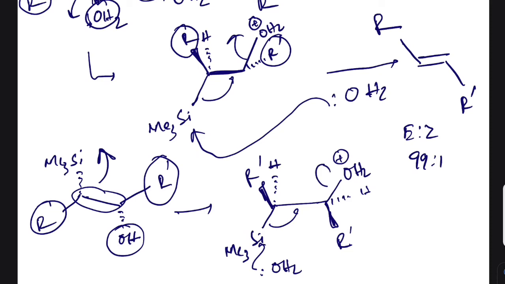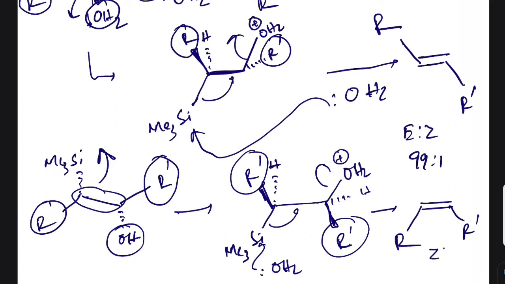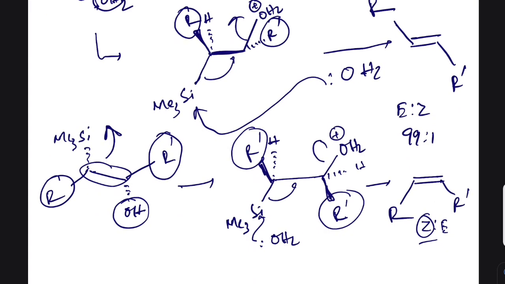It will be like this, where R dash and R are in the syn manner, both above the plane, so it will give the syn product or Z isomer. Z will be major. So this is the basic Peterson reaction.